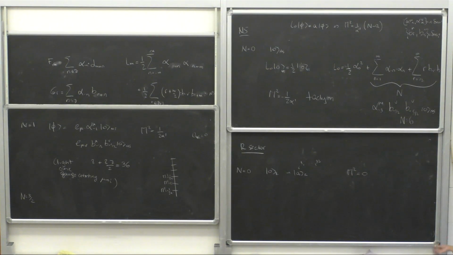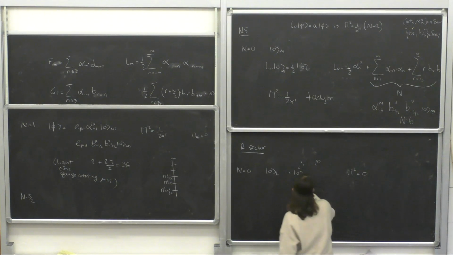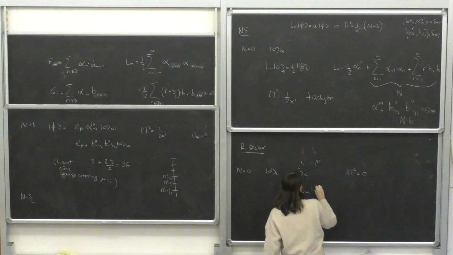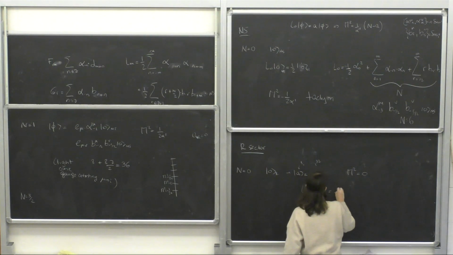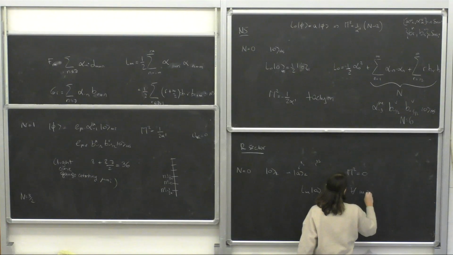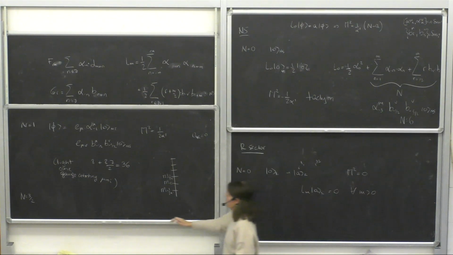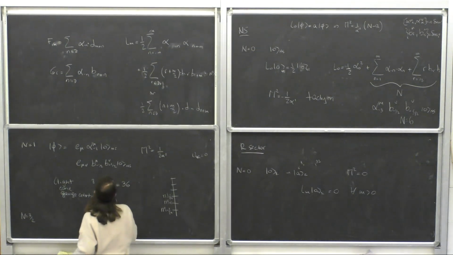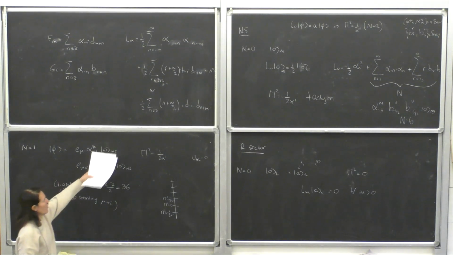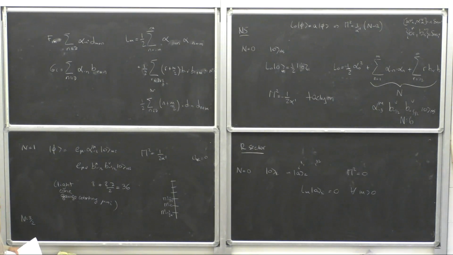Now, does it satisfy the physical state conditions? Well, the L_0 condition is this condition. a_Ramond equals 0. It's obvious that this is going to be 0. There's always one annihilator.